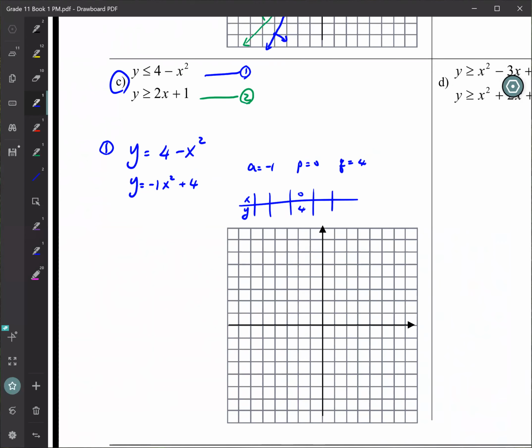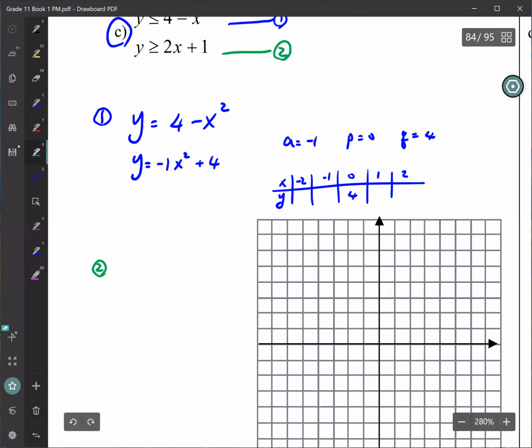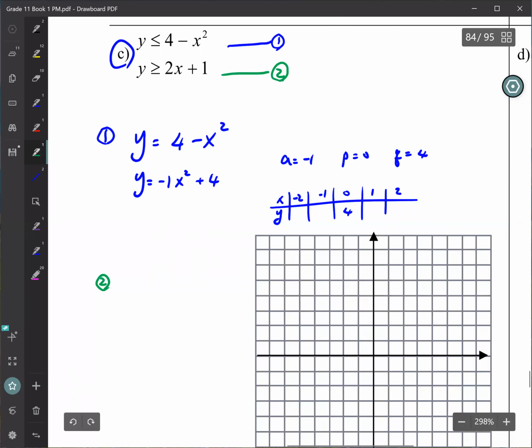Please raise your hand when you got the table. We'll plot around it, okay? 0, 1, 2, -1, -2. And then we'll do testing, okay? One graph at a time.